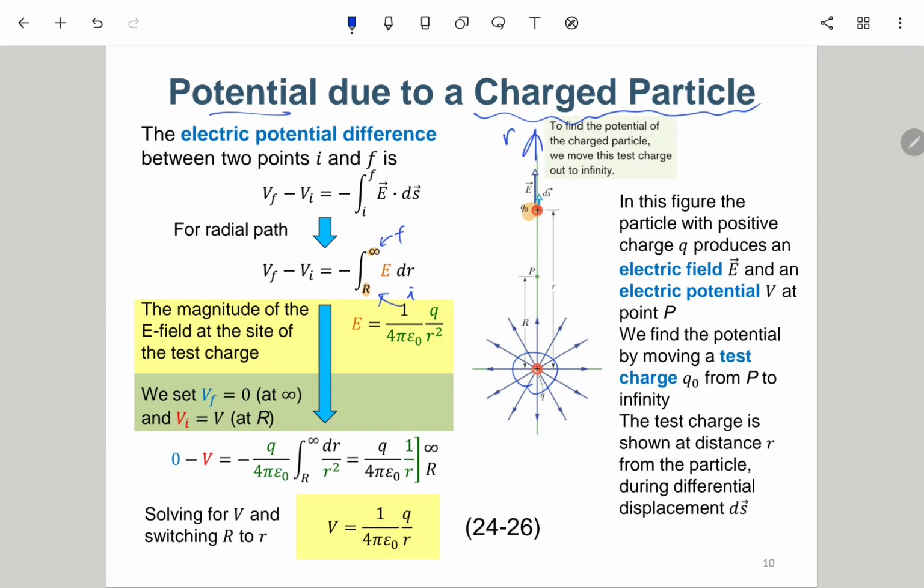This is r equals 0, and then here is r equals small r, or actually capital R I should say, or maybe small r is okay. Then we try to move it to infinitely far away.